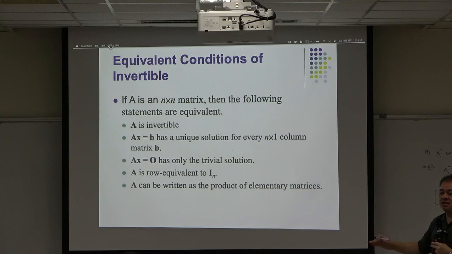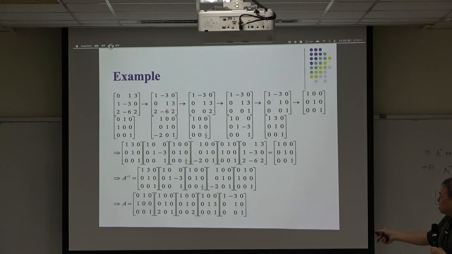Before we discussed this, you probably didn't know this is a series of matrix multiplications. But now, with the discussion of last week, each elementary row operation is equivalent to multiplying the corresponding matrix on both sides.